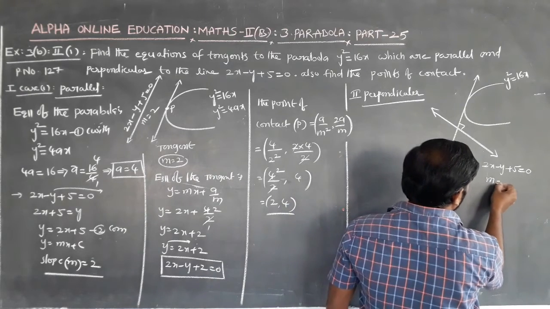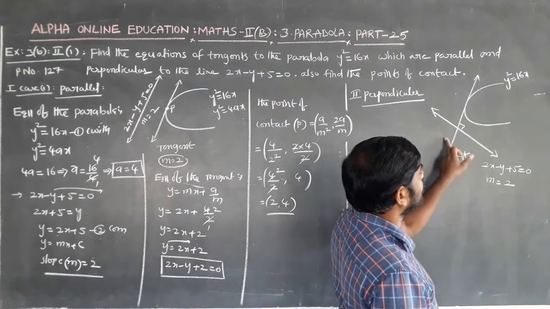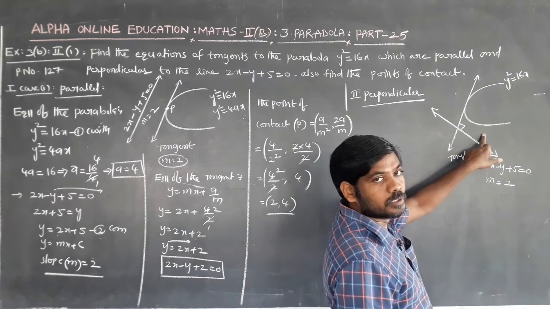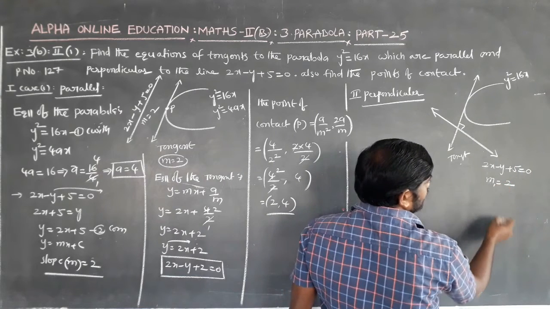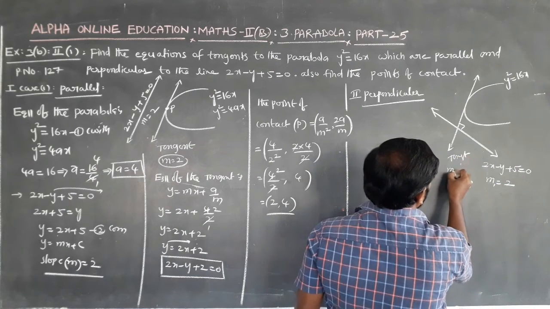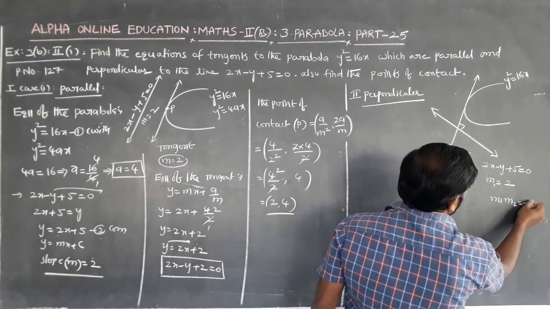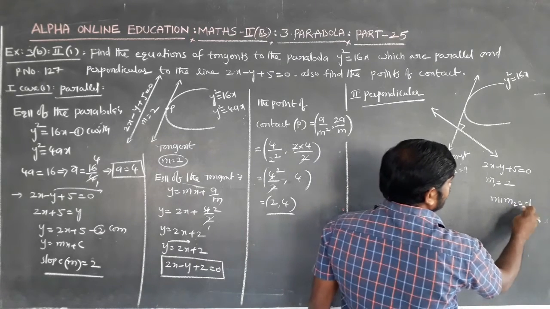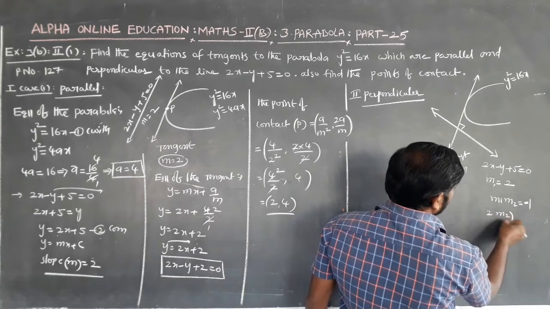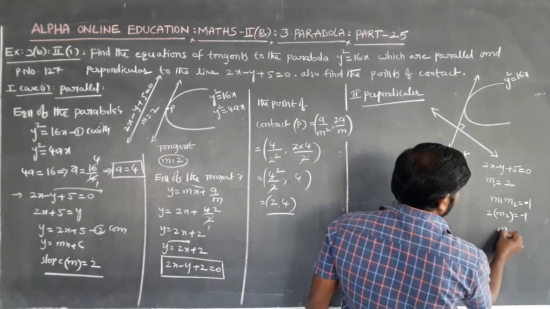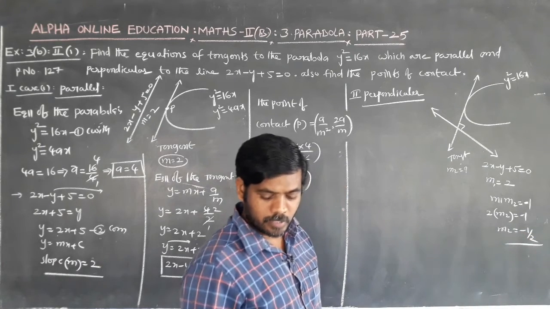The slope of the line is 2. Here two lines are perpendicular. The slope of the line is m1 equal to 2, and the tangent slope is m2. If two lines are perpendicular, then the product of their slopes is equal to minus 1. So 2 into m2 is equal to minus 1, so m2 is equal to minus 1 by 2.